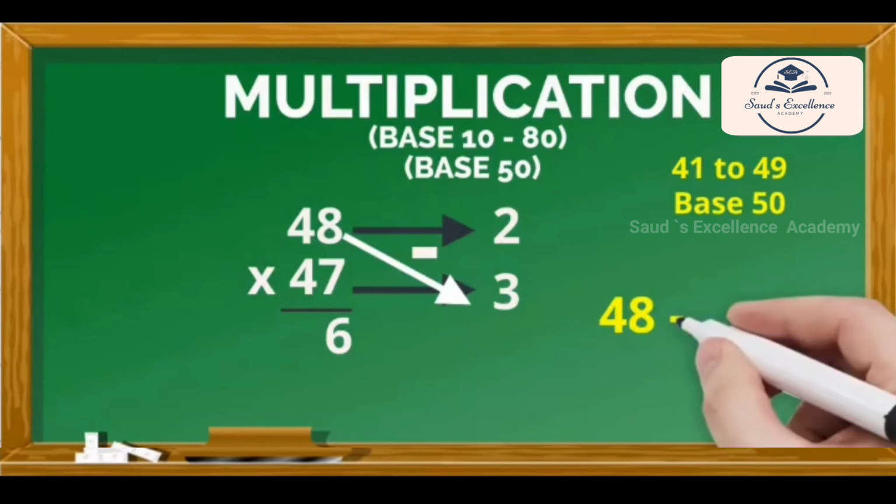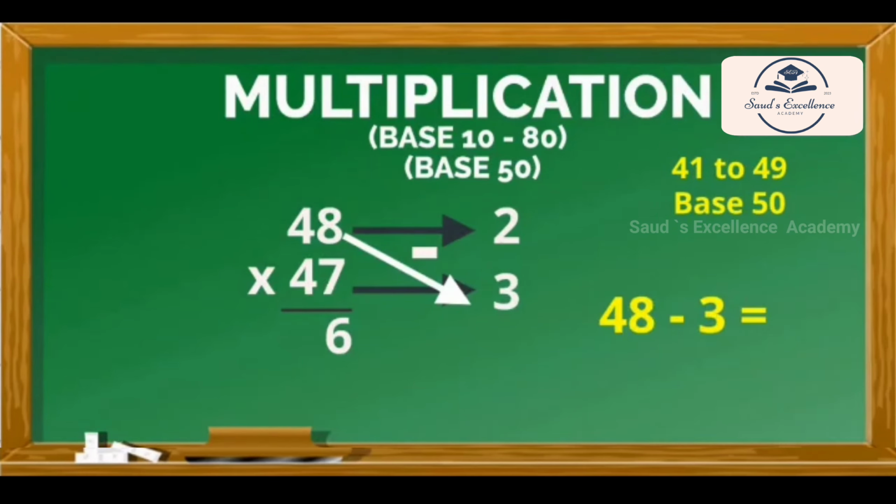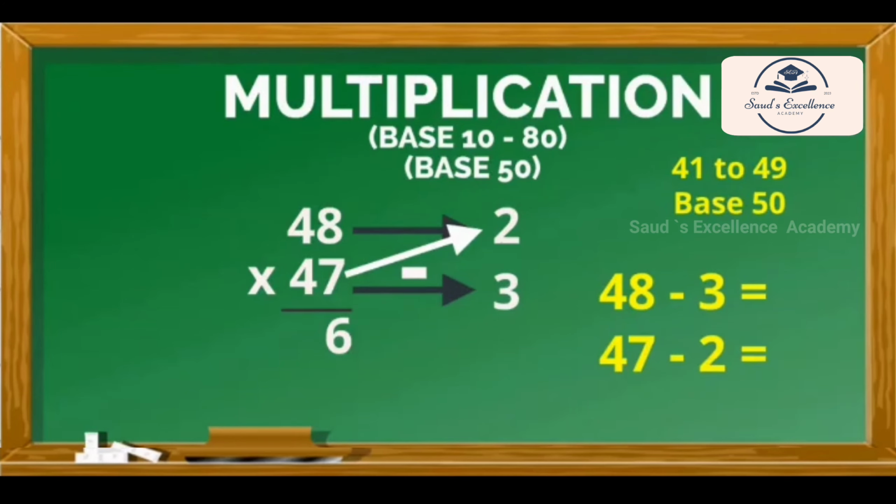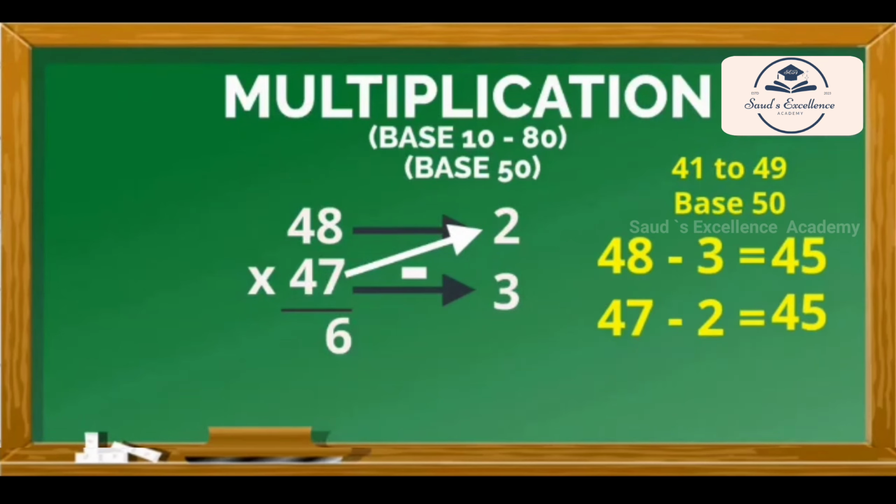Next step, we subtract crosswise: 3 from 48. Again we subtract crosswise: 2 from 47. We have the same answer, 45. Now, we multiply 45 with the base.